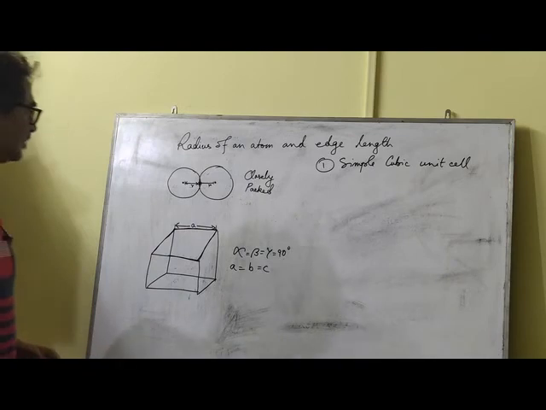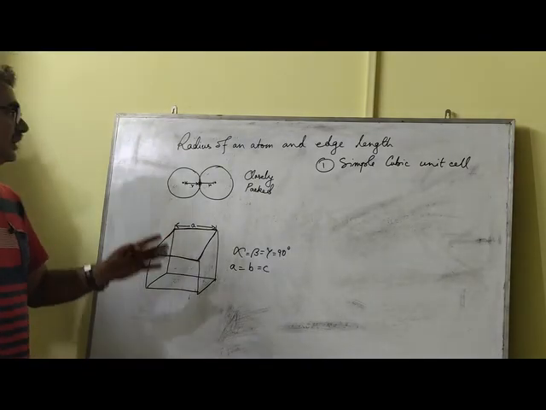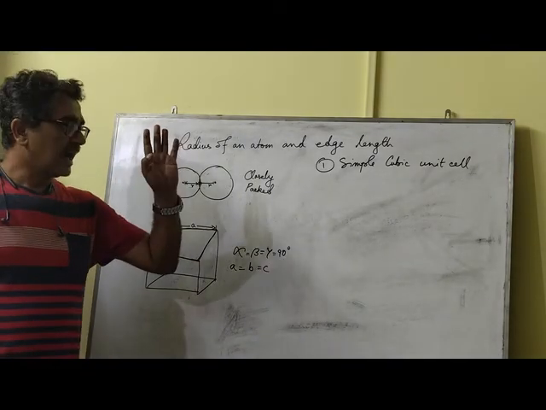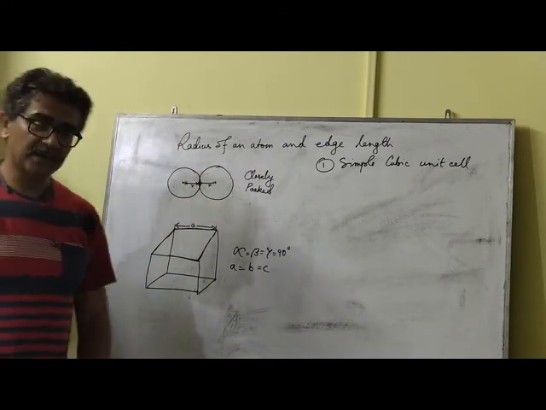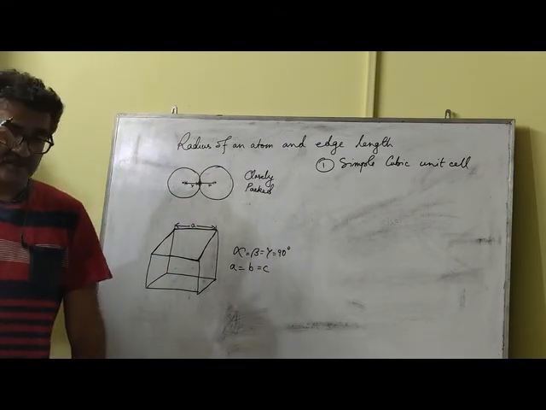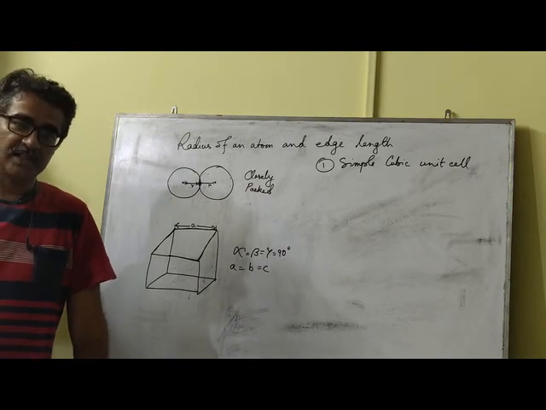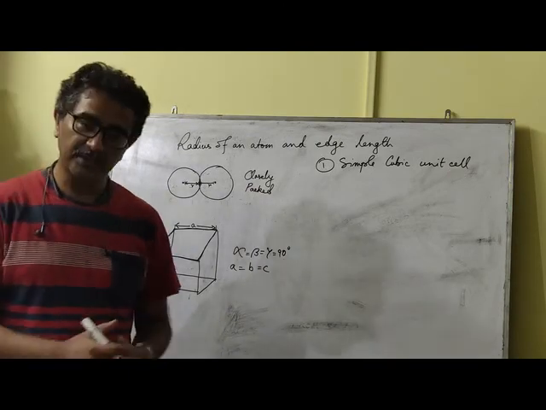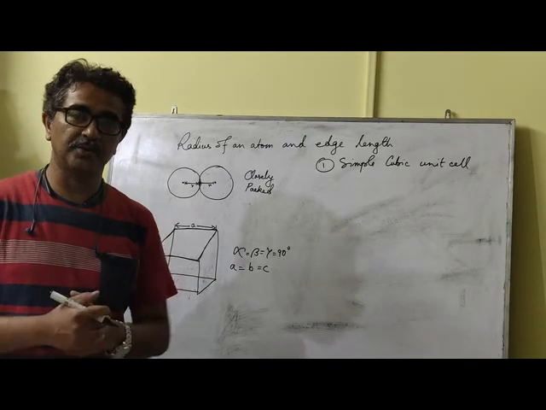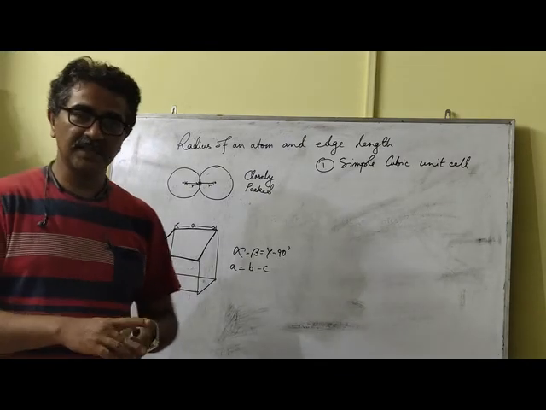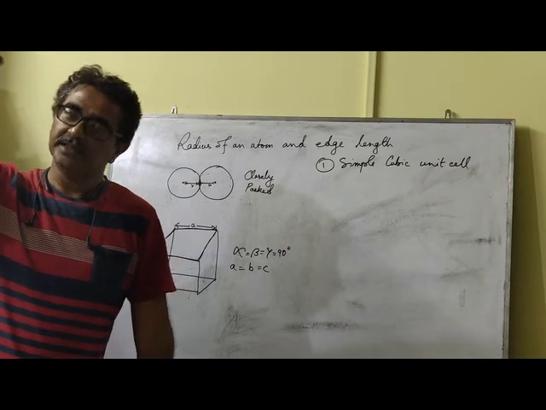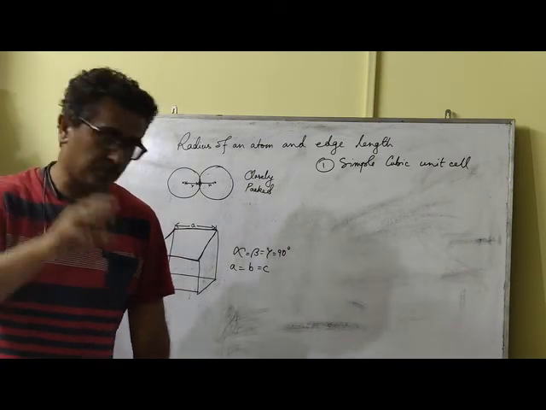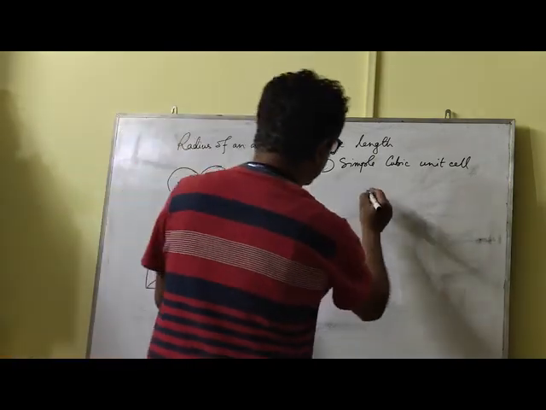We are going to find the relationship between the radius of an atom and edge length for a simple cubic unit cell. Now, I believe you remember what a simple or primitive cubic unit cell is. While explaining, I had given you the example using a cubic unit cell. In a simple cubic unit cell, all the atoms are partially present on the corners of this particular cube. Let me draw it.